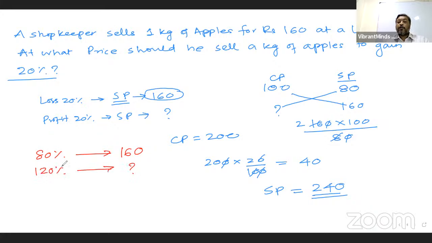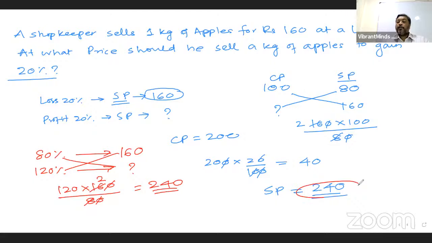The value will be what? You cross multiply, and this will give you your shortcut. 120 into 160 divided by 80. 8 2s are 160, and 1 into 2 is 240. See, we reached the same answer, but with a quite short method. Is it clear?